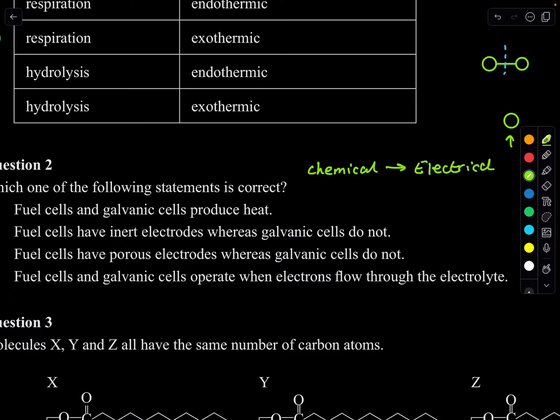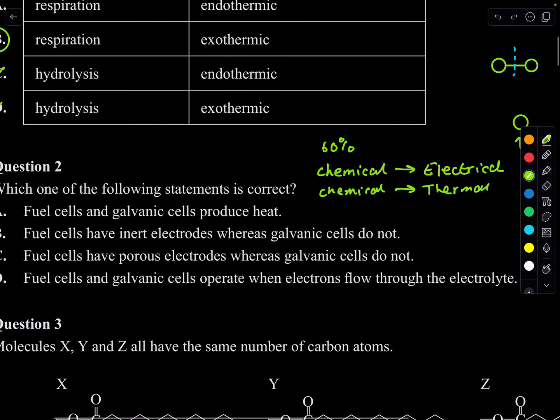Galvanic cells are around 60% efficient, if I'm not mistaken. The other 40% is chemical energy that transforms into thermal energy, and that's why they are very inefficient. They produce thermal energy, which is hence producing heat. So galvanic cells do actually produce heat.